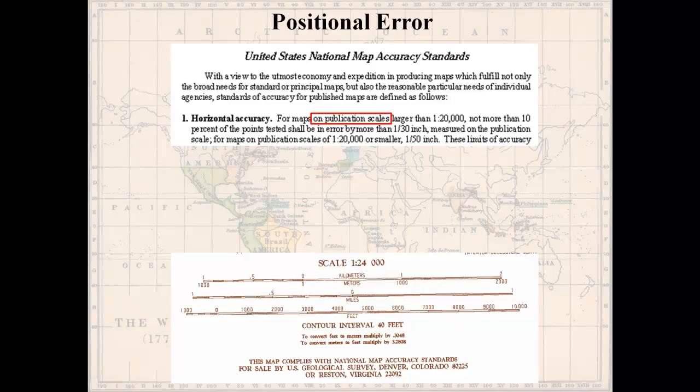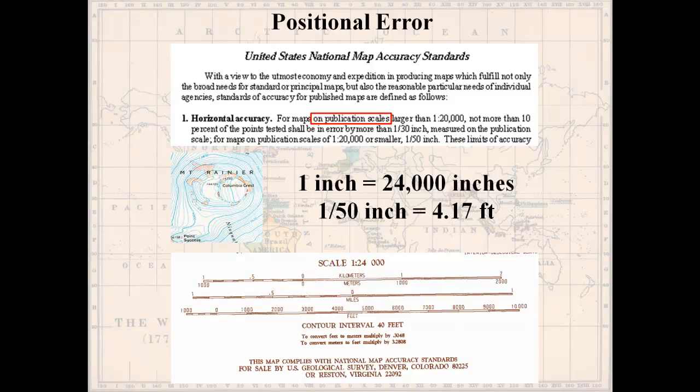And so the positional error assumed on these maps has to do with the publication scale, or what it was like in hard copy. So for this 24K map, 1 inch equals 24,000 inches. 1/50th of an inch, that's assumed to be the line width of a pen that draws these maps. That's 4.17 feet. So that's what your positional accuracy is going to be for a 7.5-minute topo map.